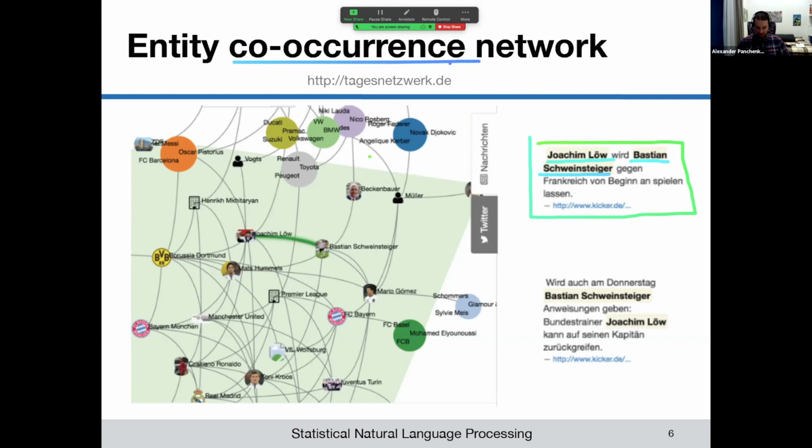You might build a network which has a link between one entity and another entity if they co-occur, let's say, in 10 different texts together. So if this football player and this football player are connected, this means that they co-occur in different texts.